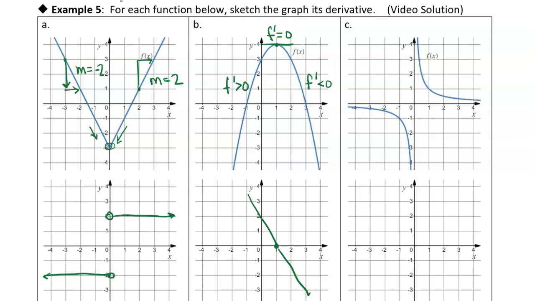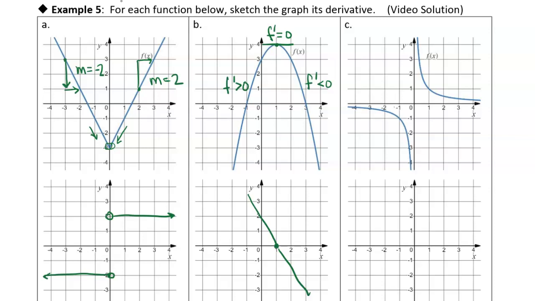Again, it's just a matter of looking at where the function is increasing and where it's decreasing. And if it's changing directions at some point, like up here, you can plot the point where it's equal to 0. Now in this case, it looks like the function is decreasing; the slope is downward.